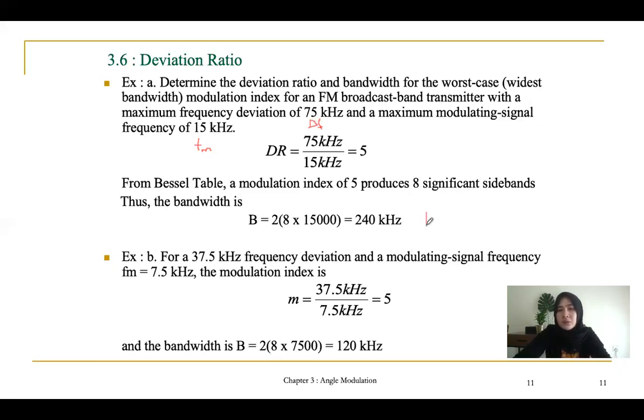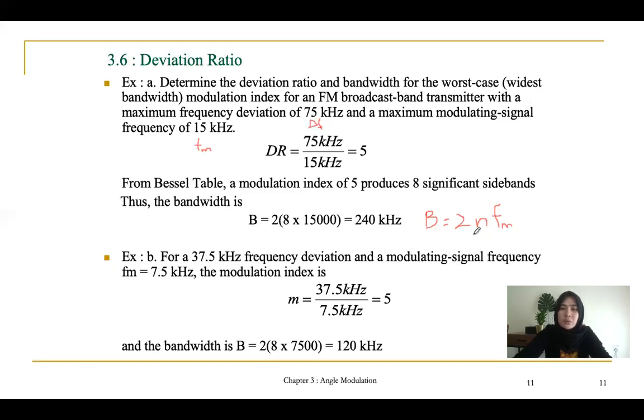The equation for bandwidth using the Bessel table is B equals 2n Fm. Your Fm is 15 kilohertz.